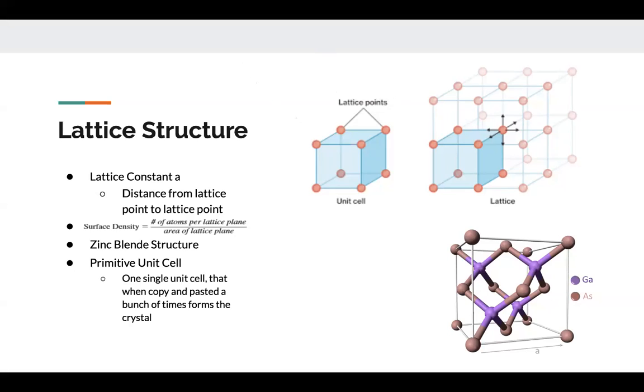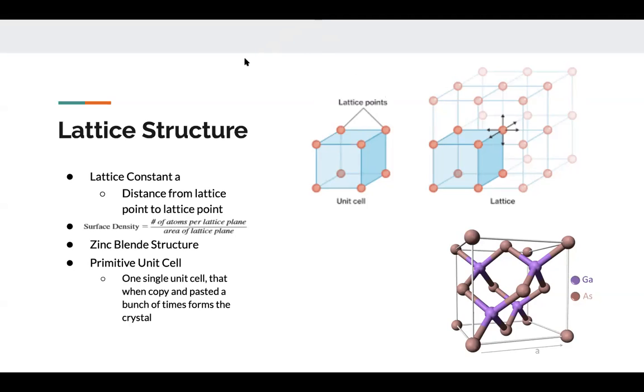Also, for the zinc blende structure, you basically have a full body cubic, and then what you do is you take A over 4 from each point in the lattice structure, and you add an extra atom there.